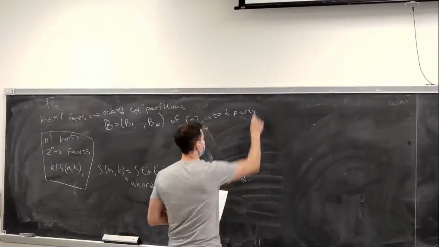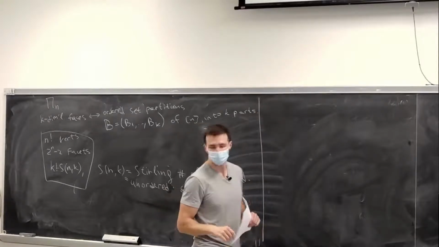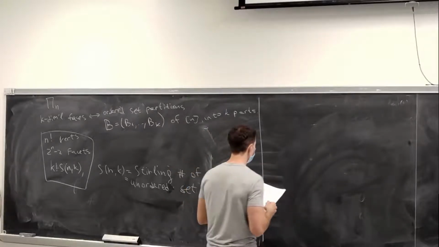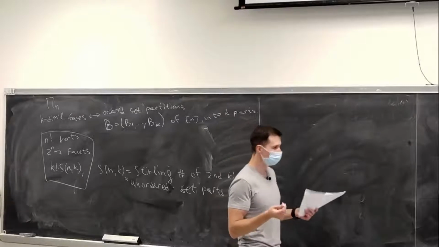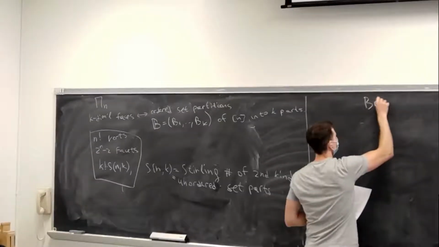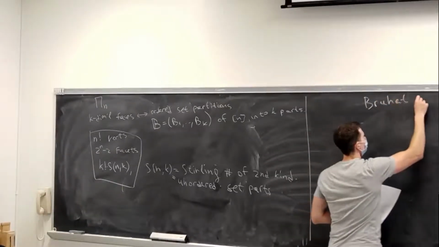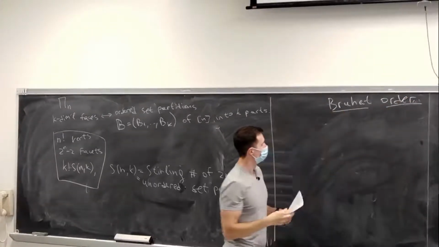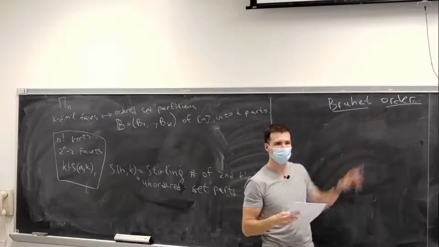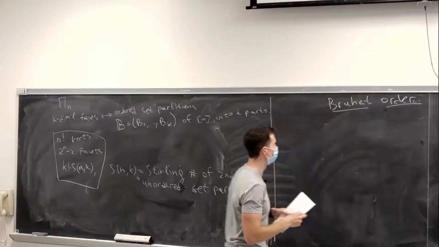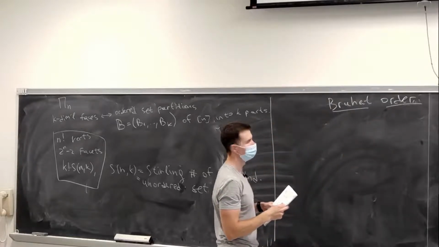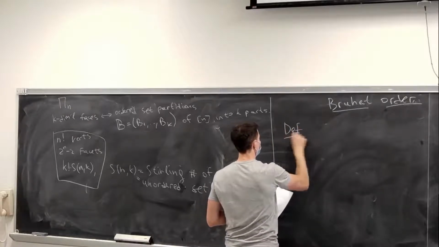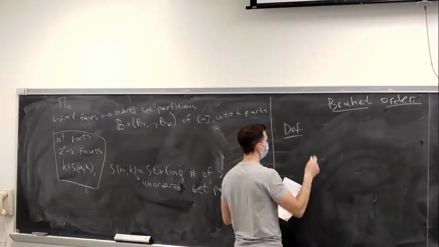So let me start by explaining what it has to do with the Bruhat order. First of all, order means it's a poset. Just in case, let me define posets.